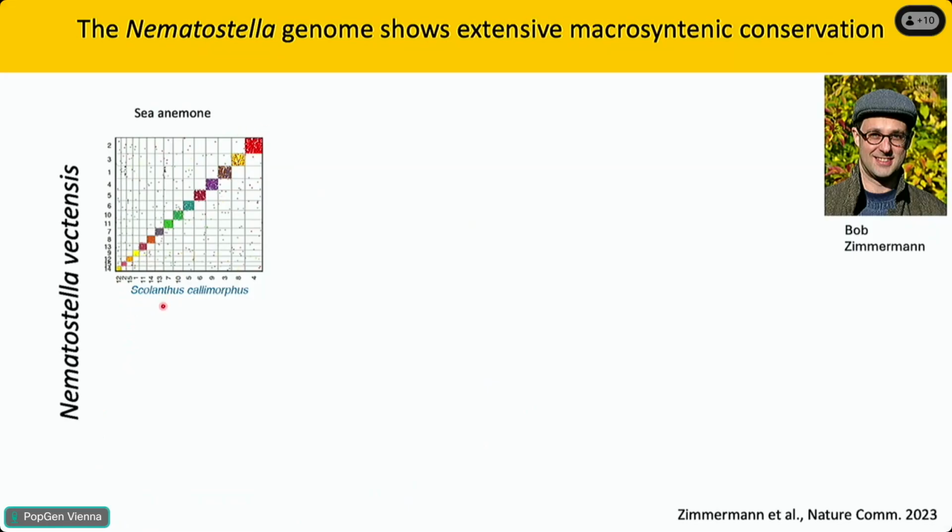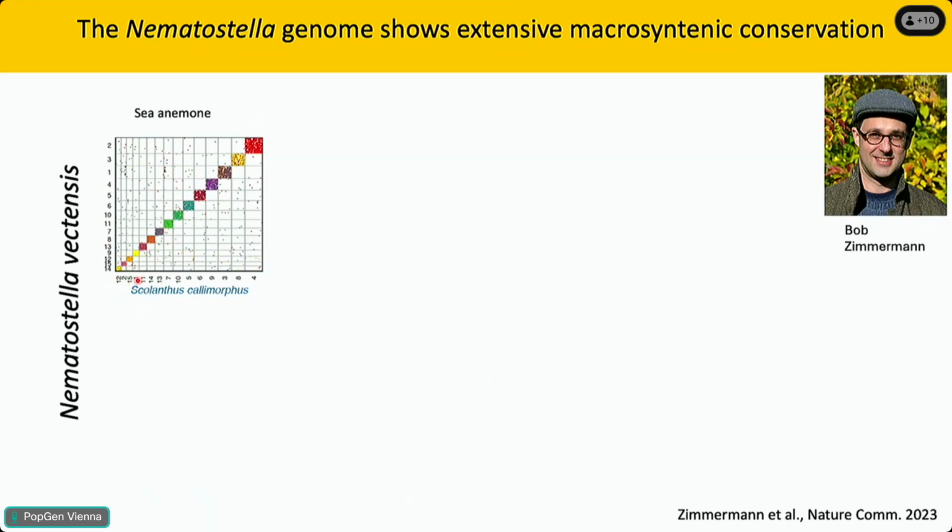For a slow-evolving cnidarian, that's very close. Each dot here, in this Oxford plot, is an orthologous gene. So you can clearly see that all the 15 chromosomes are conserved between the 2 species, and most of the orthologous genes are on the same homologous chromosome.